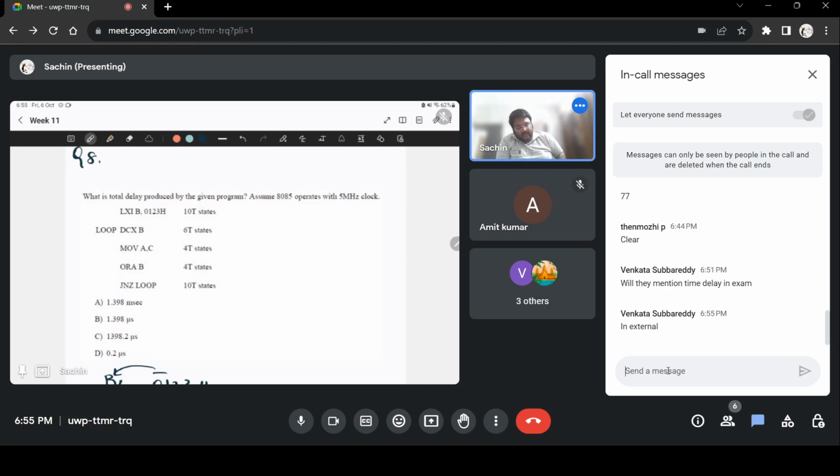I didn't understand your question. See here they've given you 10T, 60, 40 and all. They have asked a similar question, but they have not given you the delays.